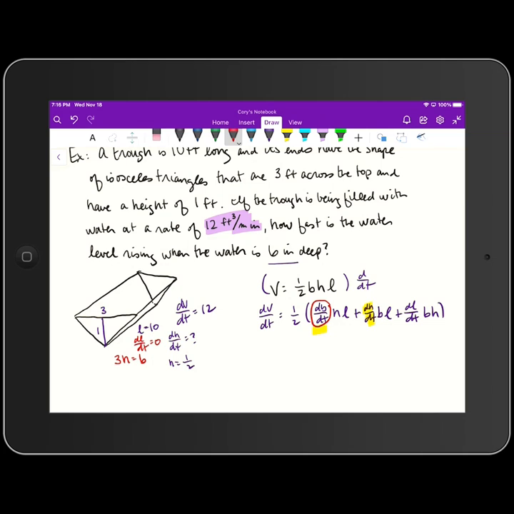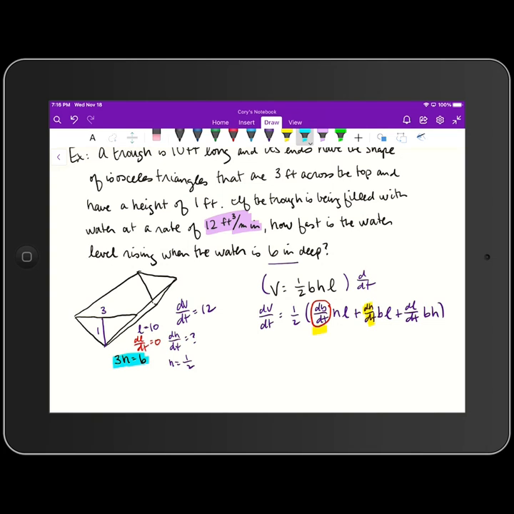So just like we did with the cone problems, we can work our way around that issue by getting our formula written in terms of h and l only, okay? If we go to the statement that we made right here, we can substitute for b.